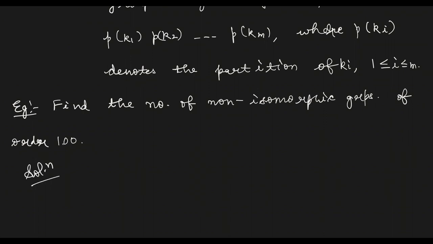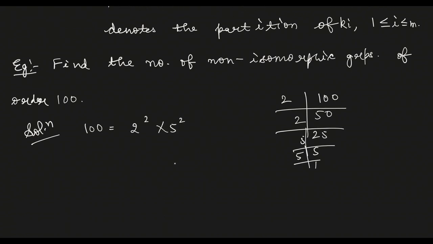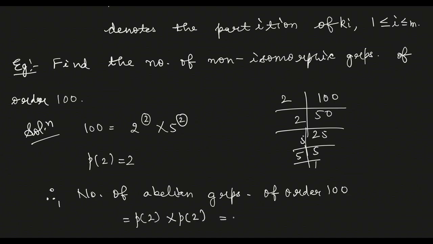So firstly, prime factorize 100. 100 can be written as 2 square into 5 square. Then I need to partition these powers. Partition of 2 is 2. Therefore, the number of abelian groups of order 100 is equal to partition of 2 into partition of 2, which is 2 into 2, 4.